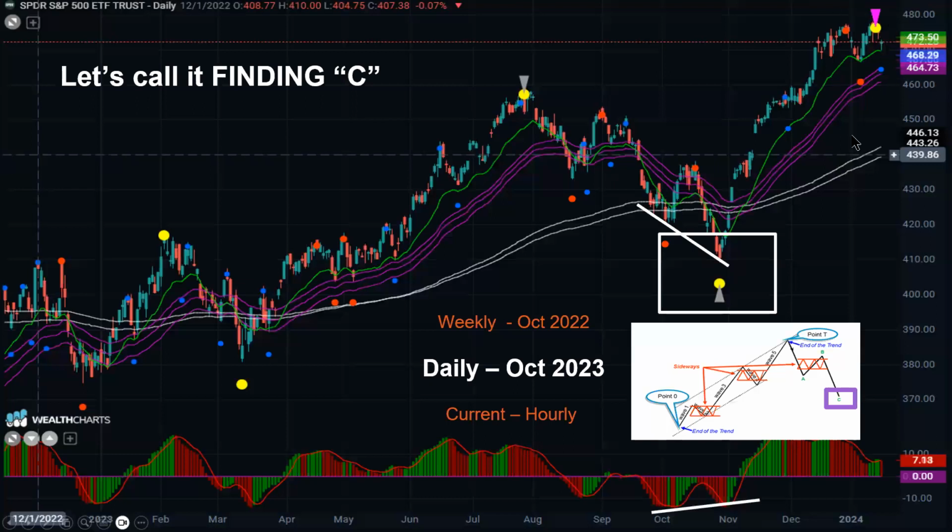Now that we're up here, we're not going to find these setups on the strong stocks that are up here. We're going to find them on the laggards, the ones that are lagging, the strong sectors, for example. So there are some sectors that are weak, which I'm going to show you. So now we have to go down to the hourly chart to find these setups.